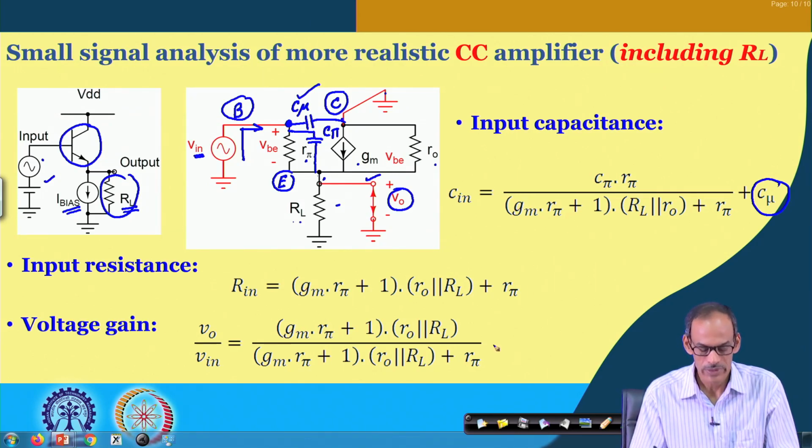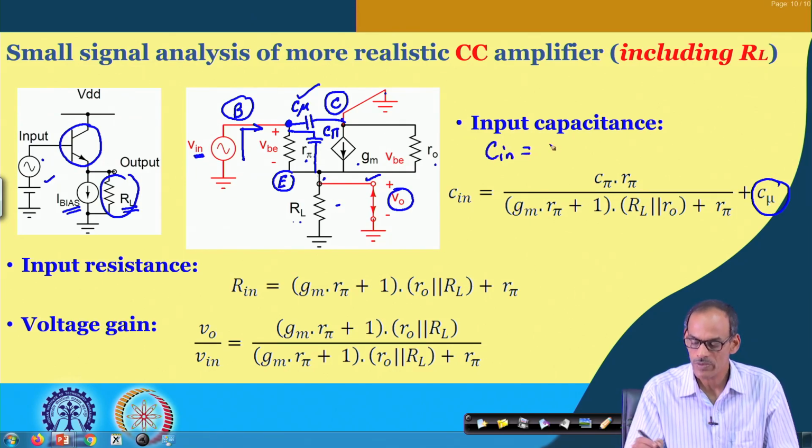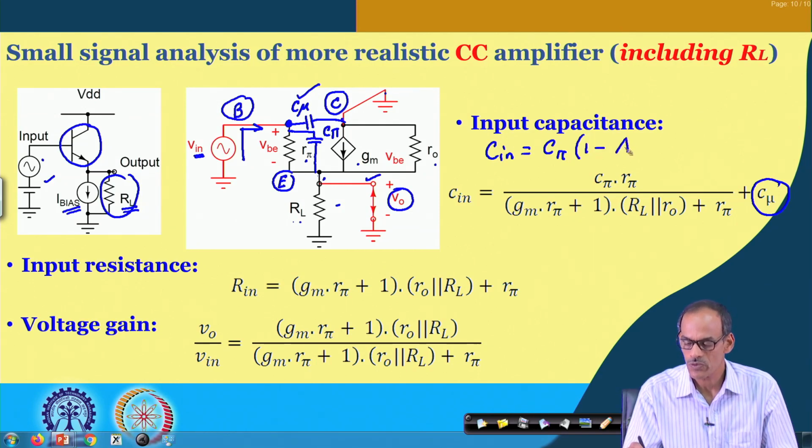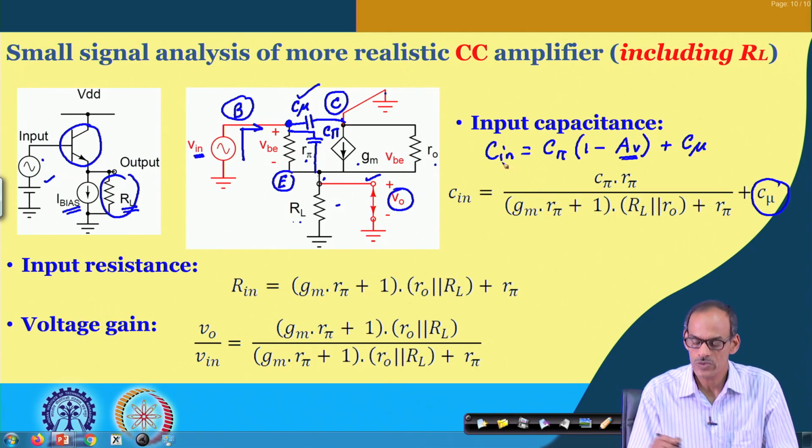If we recall, C in has two parts: one is C pi into 1 minus the voltage gain of this amplifier, plus C mu. To get this expression, we need the voltage gain.